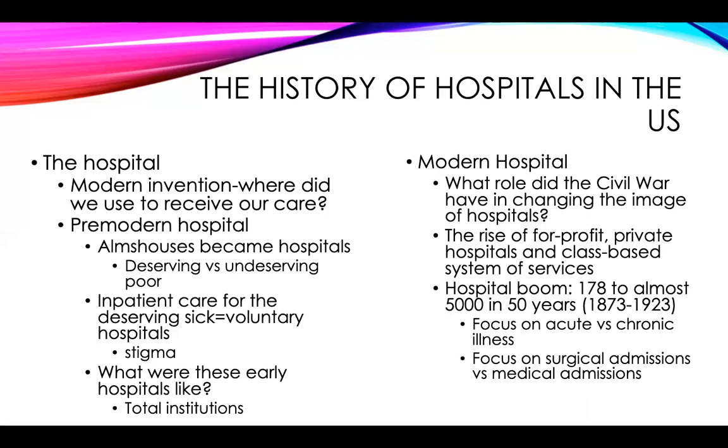Undeserving poor were often people who suffered from addictions, alcohol, drugs, people who engaged in what was considered to be depravity at the time. A lot of that was related to premarital as well as homosexual sex. And so if you were poor and it was considered that it wasn't your fault, then you were the deserving poor, and therefore you would become the deserving sick, and you would receive inpatient care.